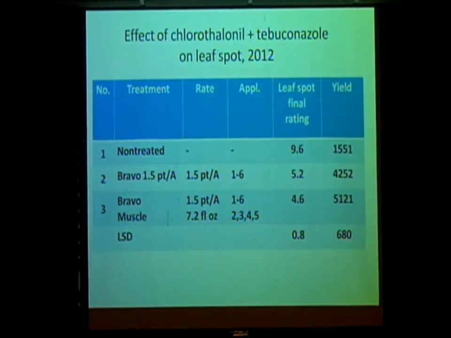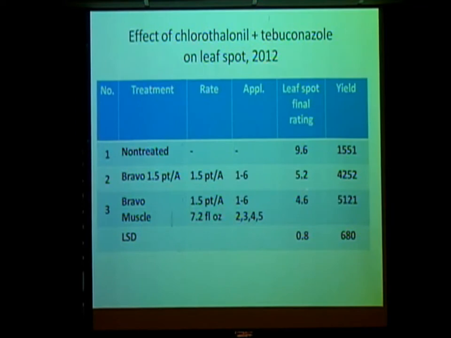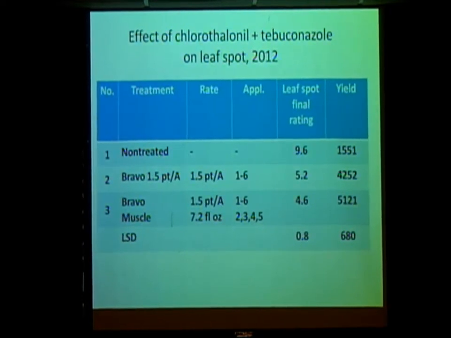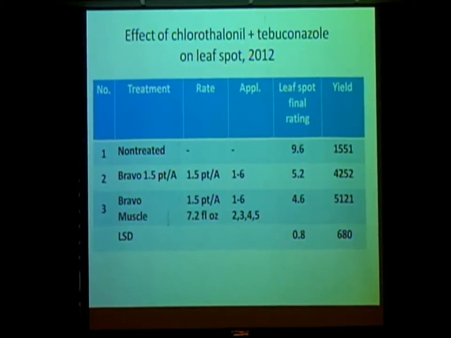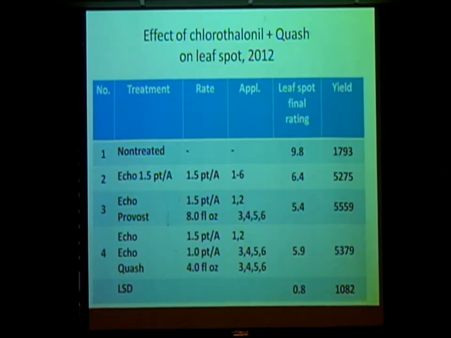Continuing to look at that, the chlorothalonil standard, again, a lot of spots there, but not that much defoliation. That mixture gave actually a little better leaf spot control than the Bravo standard, and about a 900-pound yield increase to that, I think primarily because of the white mold control we were picking up with that.